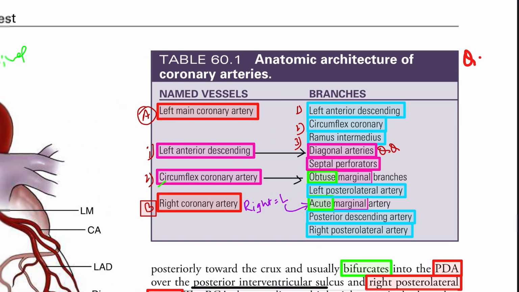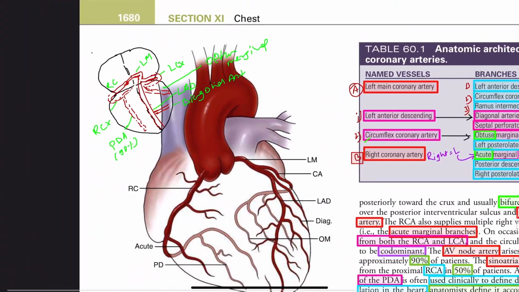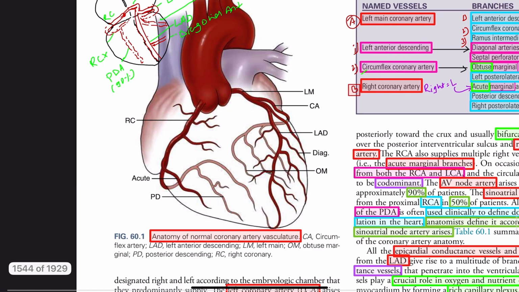I will explain this diagram further so that you can remember. This is the arch of the aorta giving rise to the right coronary artery and the left main coronary artery. The left main coronary artery further divides into the circumflex artery and the left anterior descending artery.